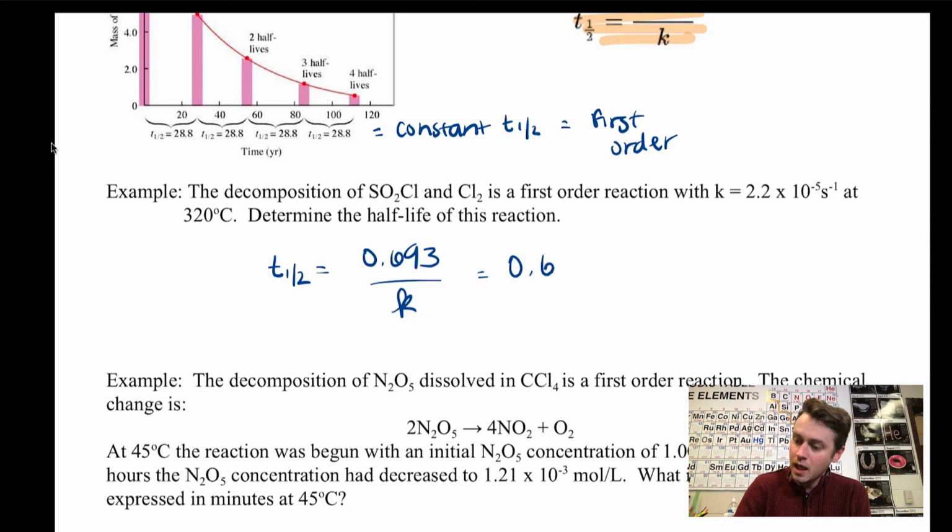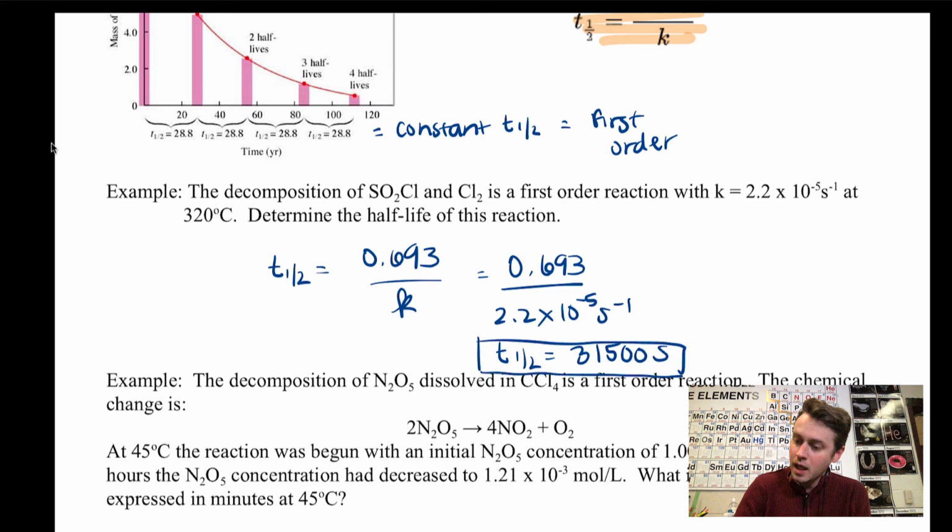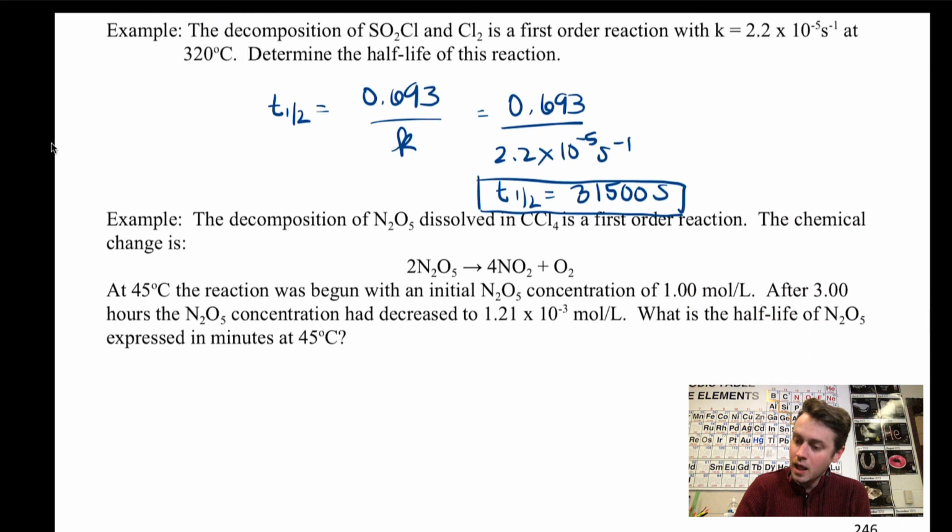I'm going to say 0.693 divided by 2.2 times 10 to the negative 5th per second, and I got 31,500 seconds. So the concentration would be halved every 31,500 seconds.